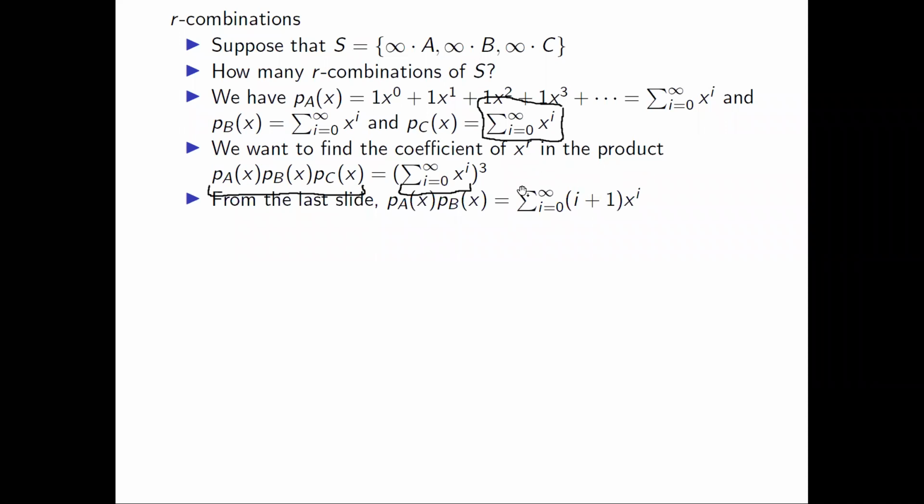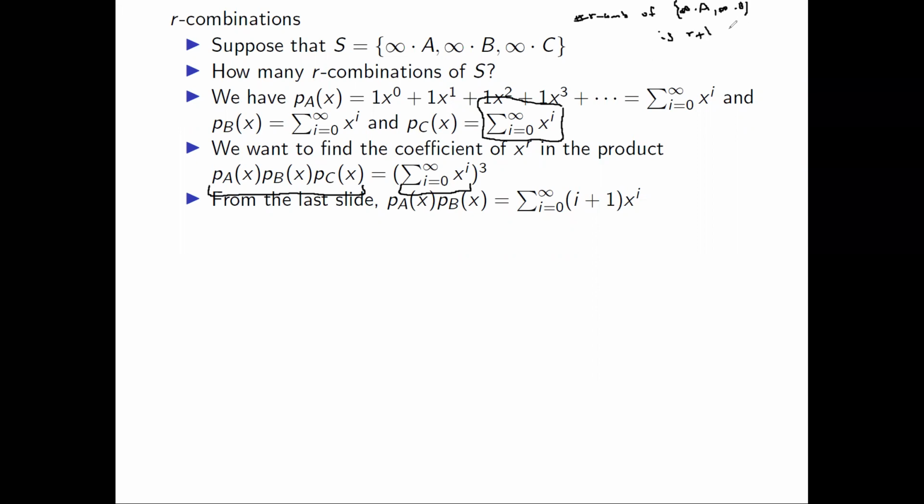And on the last slide, we found that the product P_A of x, P_B of x is equal to the sum i equals 0 to infinity of i plus 1 times x to the i. Why is that? Well, on the previous slide, we found that the number of r combinations of this set, infinity times A, infinity times B, is r plus 1.